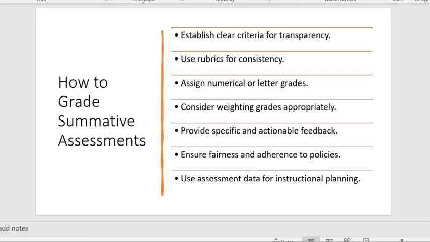Make sure that you're considering weighting grades appropriately if need be, providing specific and actionable feedback to the learners, ensuring fairness and adherence to policies. When you are grading these summative assessments, making sure that you are being fair and you're adhering to strict grading policies, and then using that assessment data for instructional planning in the future.